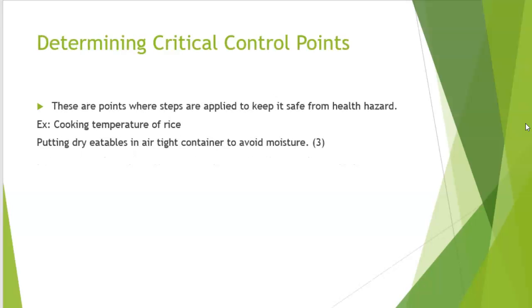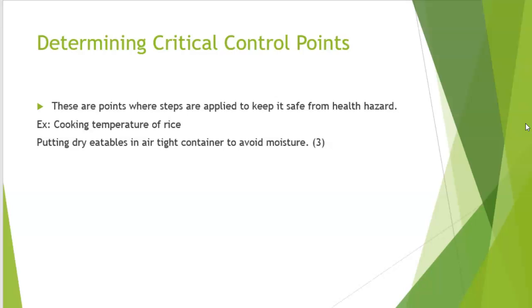Next is determining critical control points. Critical control points are points after which there is a very big chance that food will get contaminated by the hazard. It can be a cooking temperature, or the moisture level of food.